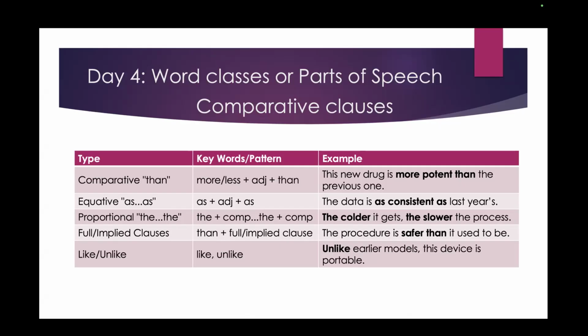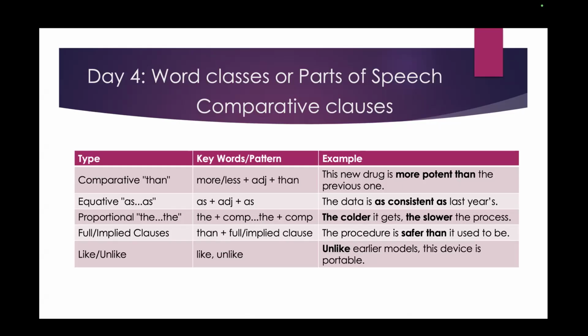So one example of this is, this new drug is more potent than the previous one. So you're comparing two different drugs, and you're saying how different is one from the other.